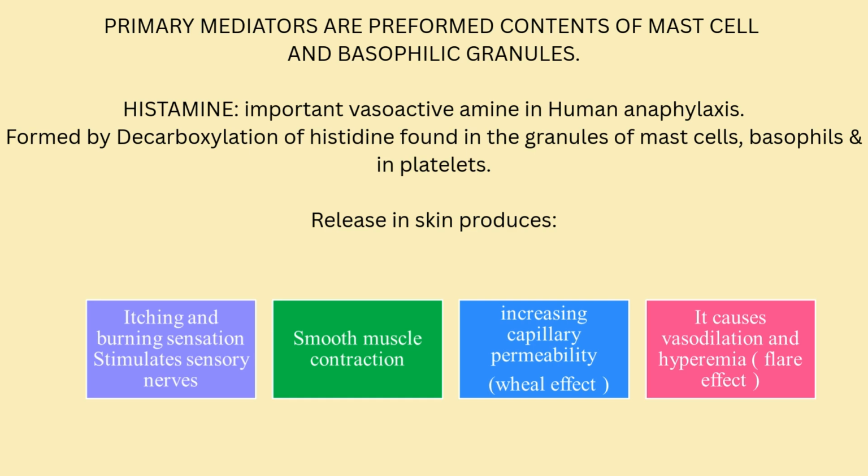When this is released in skin, it causes stimulation of sensory nerves, burning and itching sensation, contraction of smooth muscles, increased capillary permeability causing wheal effect, and also vasodilation and hyperemia, that is a flare effect seen in the skin.